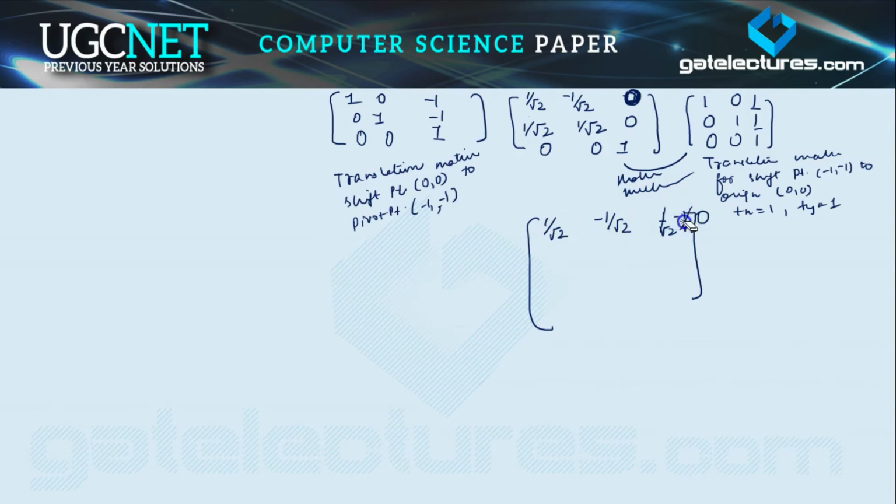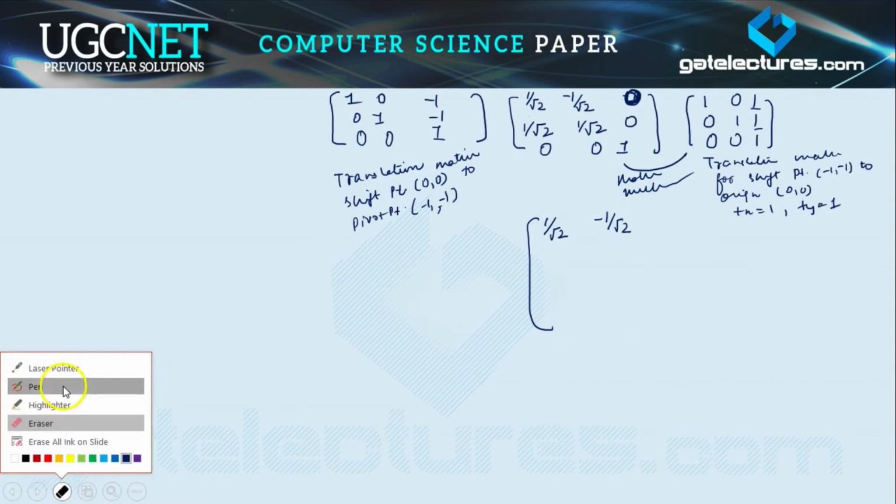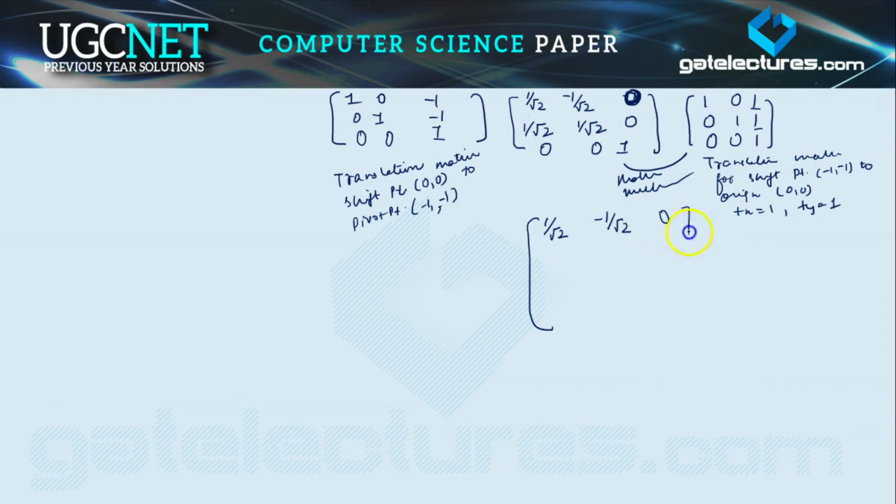That's why the result is 0, because minus 1 by root 2 and minus 1 by root 2 cancel it out. Now the next, second row, first column, so the answer is 1 by root 2. This is going to be 1 by root 2, and this is going to be 2 by root 2 by 2. Okay, now the next is this row and this column. This is going to be 0, this 0 and 1.